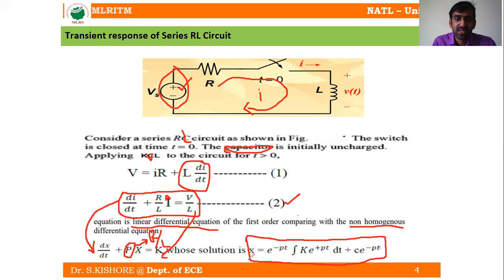So x is equal to e power minus pt integral of k into e power pt dt plus c into e power minus pt. In this, c into e power minus pt is your complementary function.